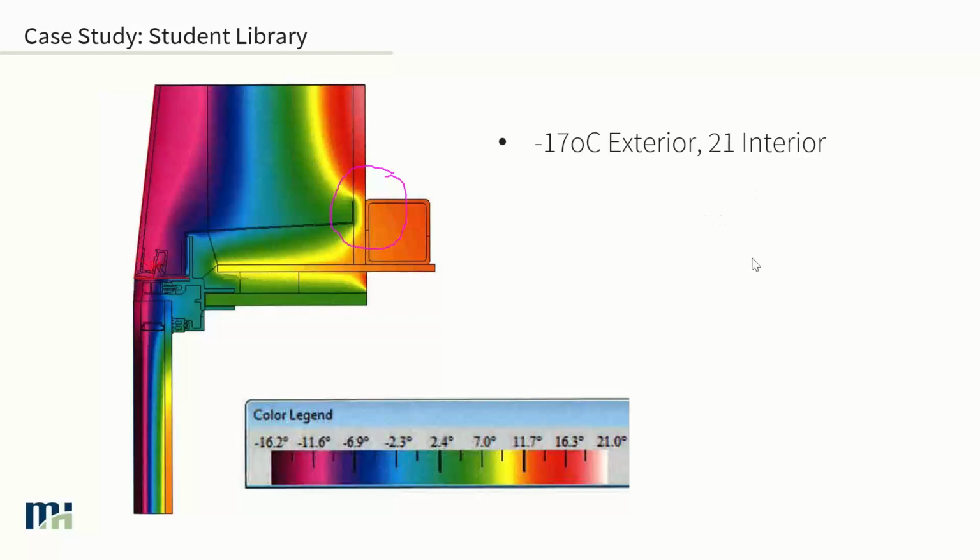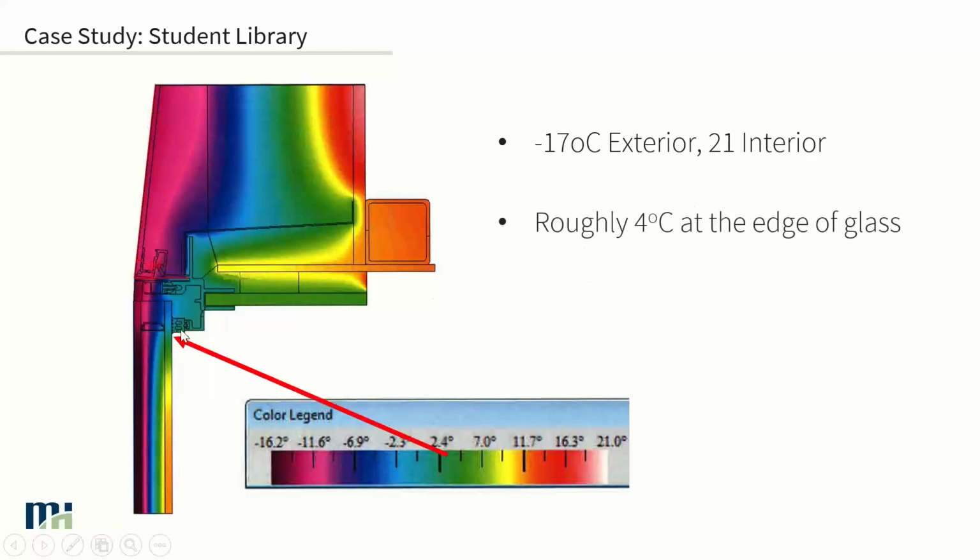Here's a look at what we would do as a typical analysis for a glazing system. We have our 2D section here with certain temperatures under our climate conditions. Now, what is that temperature at the corner there? It's roughly 4 degrees or so if we pinpoint it off this temperature graph.